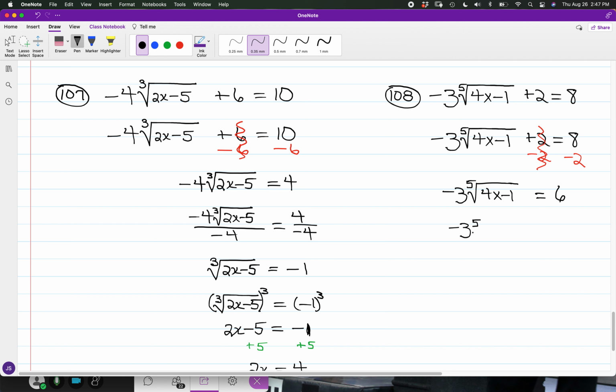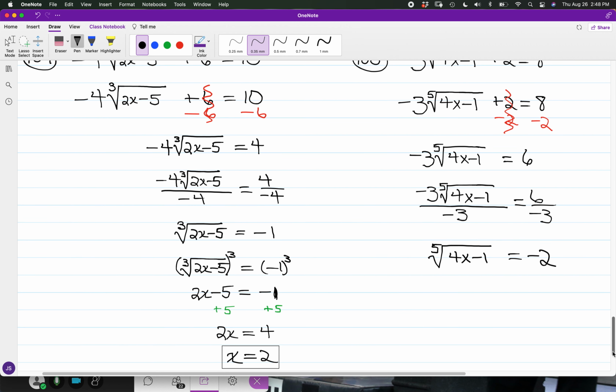And now dividing by -3, so as to free up the fifth root of 4x minus 1. Alright, so I have the fifth root of 4x minus 1 is equal to now 6 over -3. Okay, so this is going to be -2.